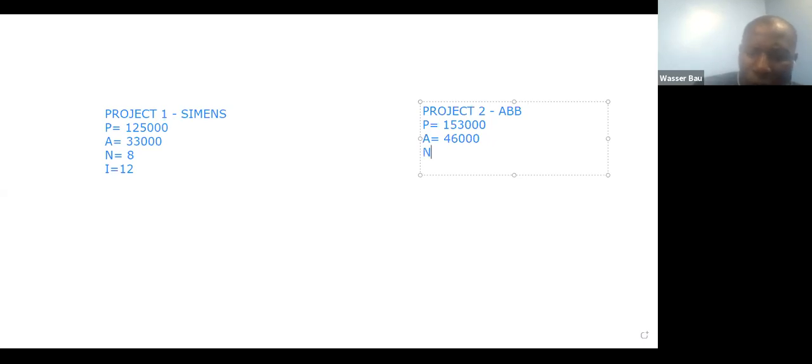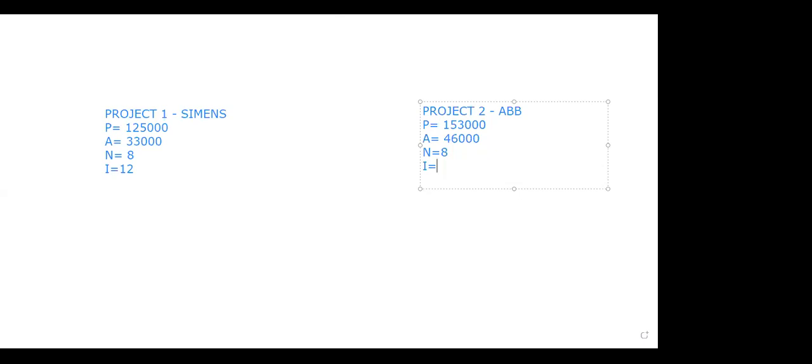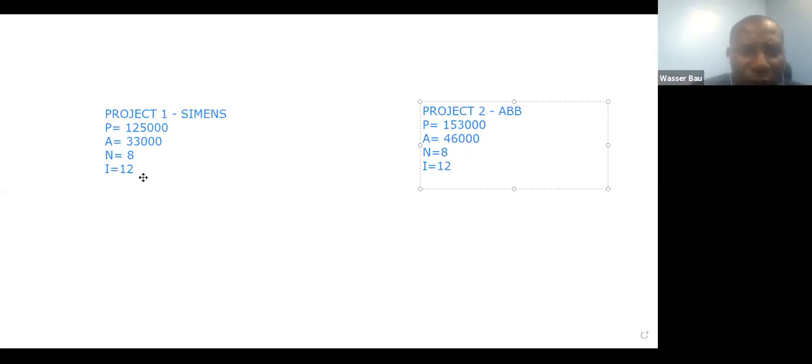Okay. Number of years, 8 years. What's the interest, or the profit? How much? 12 here. Okay, so let's go back to project 1. So here, as usual, we are looking for what? We're looking for the principal of the savings, isn't it?